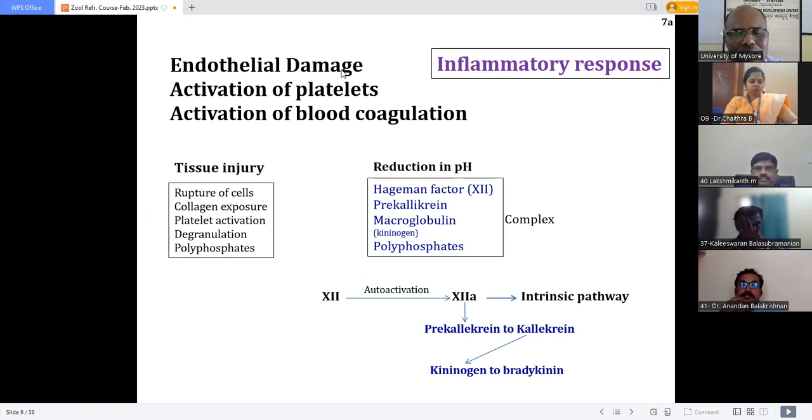Endothelial damage exposes the collagen in the subendothelial layer, and as a result, platelets bind to the exposed collagen. Platelets aggregate, platelets activate. On the activated platelets, you have blood coagulation. As I mentioned here, platelet activation results in degranulation.